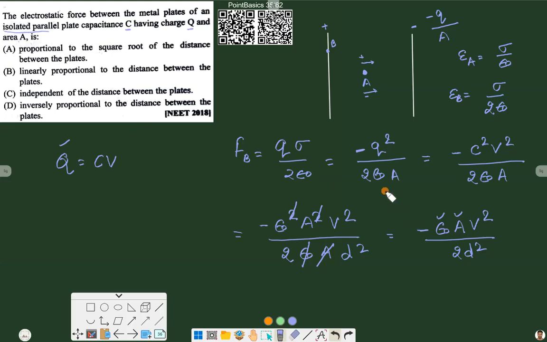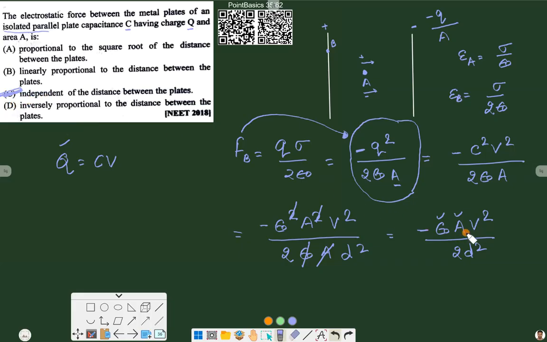So we take the other relation. Why? Here Q is constant as it is disconnected from the battery, epsilon naught is always constant, and area is also constant. If we have disconnected it from the battery, this relation will hold, and according to this, force does not depend upon the distance between them. So option C, independent of the distance between the plates.